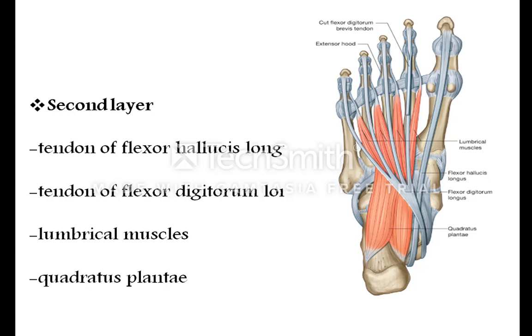The 2 muscles of the second layer are the lumbricals, which emerge from the tendon of the flexor digitorum longus. We have 4 lumbrical muscles, and here is the quadratus plantae muscle, the second muscle of this layer.